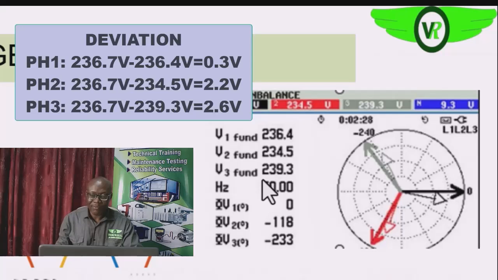Then the average, which is 236.7, minus 239.3, we have 2.6. So the highest is 2.6. Are we getting it? That is the highest deviation.